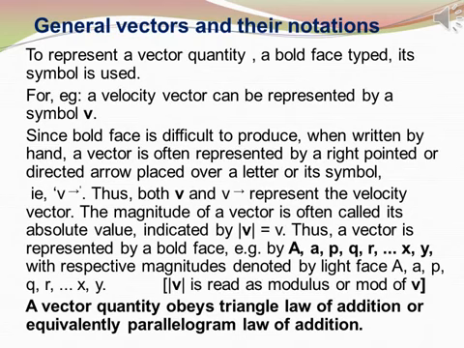Examples: vector A, vector P, vector Q, vector R, etc., vector X, vector Y, with respective magnitudes denoted by light-face capital letters A, P, Q, R, etc., X, Y. A vector quantity obeys the triangle law of addition or equivalently the parallelogram law of addition, which you will study in the next session.